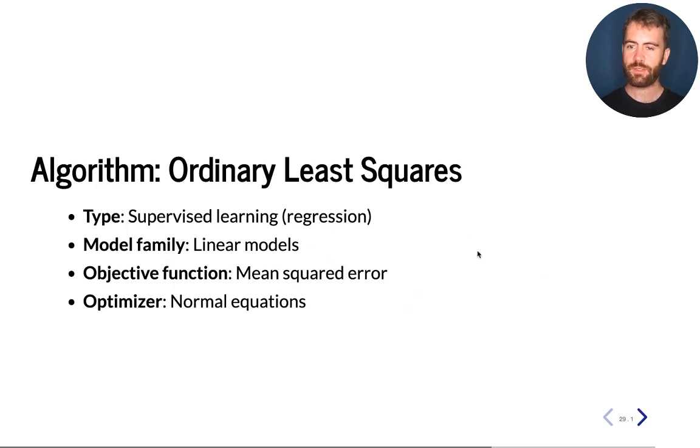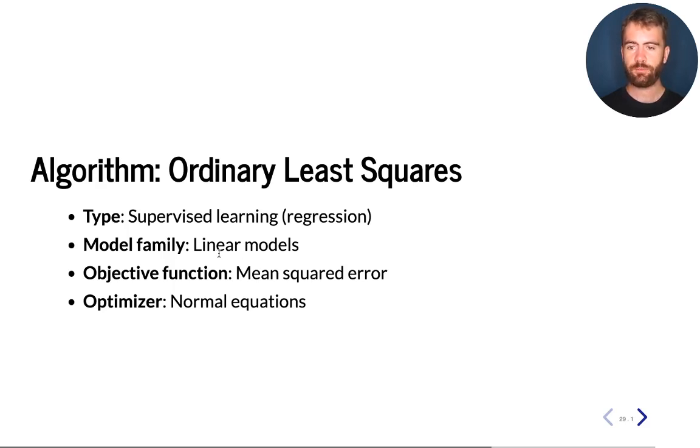And so now this slide summarizes the ordinary least squares algorithm. It uses the notation that we have seen earlier. So ordinary least squares is a supervised learning algorithm, and specifically it is aimed at regression problems where y is continuous. In practice we could apply it for classification, but we will see much better approaches later on.